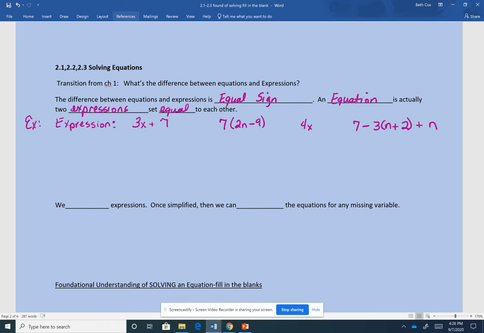Okay, and now these are examples of equations. Equations would be something like 3x plus 7 equals 4x. Notice we took two of the expressions and set them equal to each other.